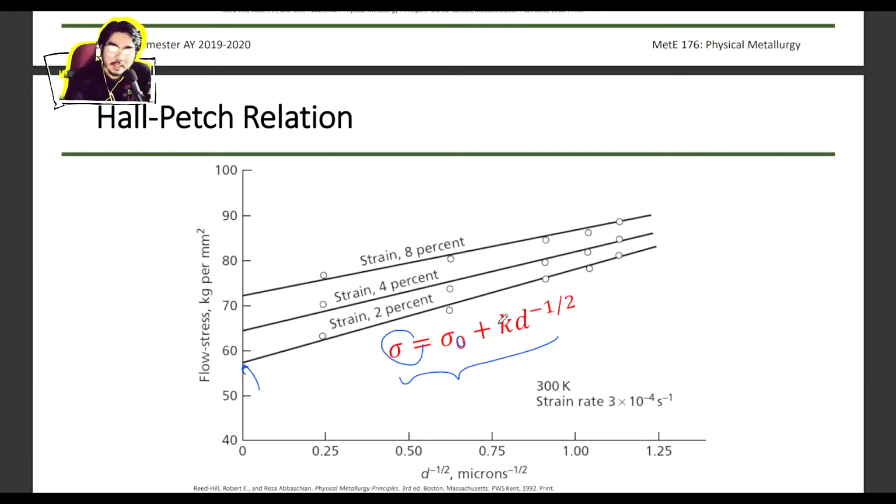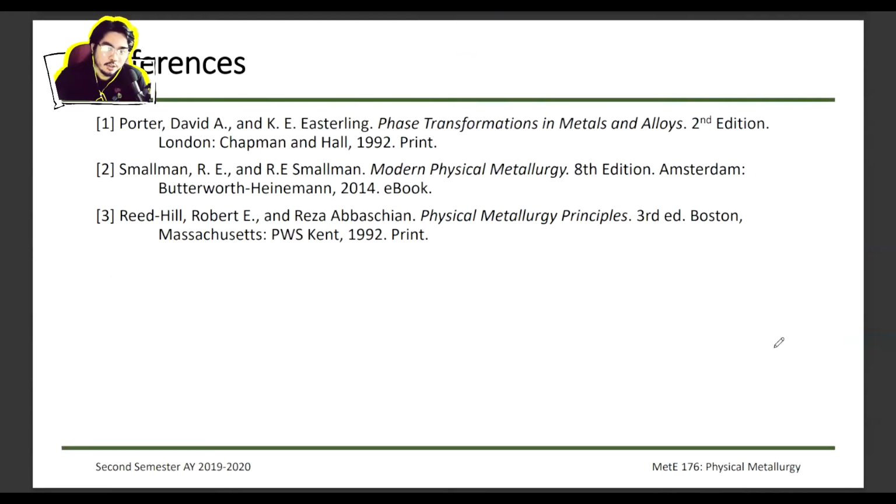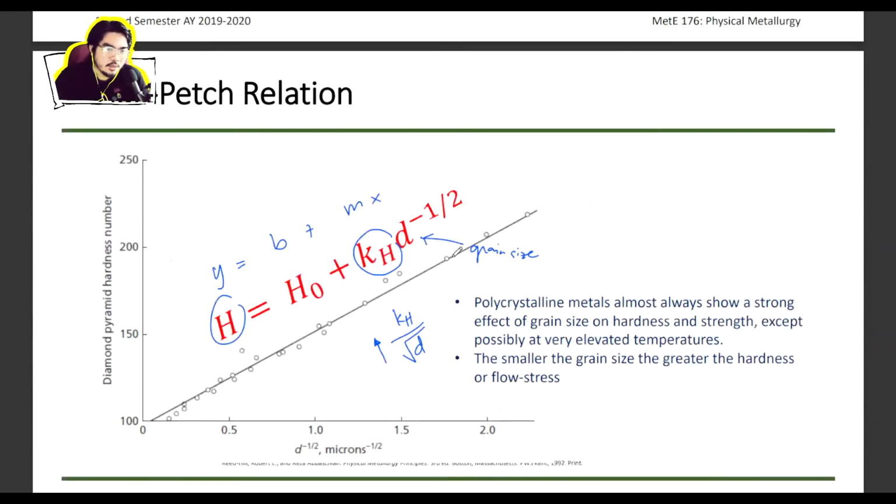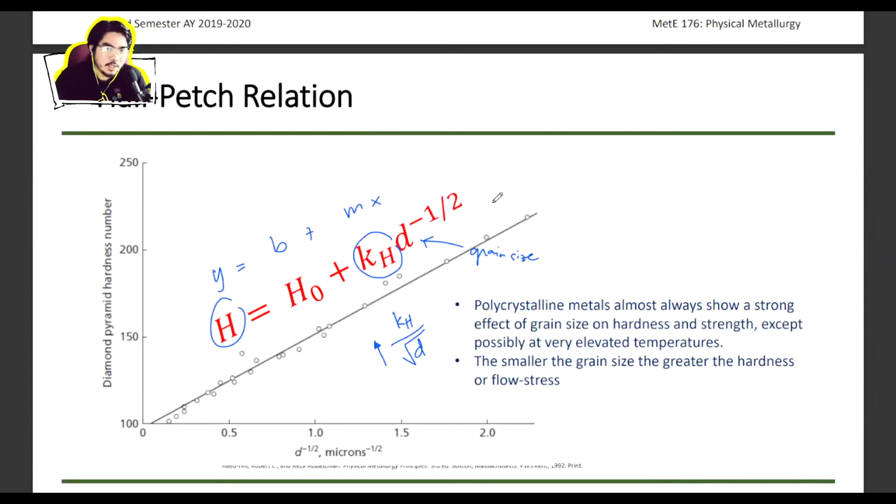Then you add K, another constant, also a material constant, multiplied by D raised to the power of negative 1/2, which is just K over the square root of D. Again, the same behavior applies: if you increase the grain size, the strength decreases, and if you decrease the grain size, the strength increases. Okay? So, I think you already know the Hall-Petch relation from MetE1.